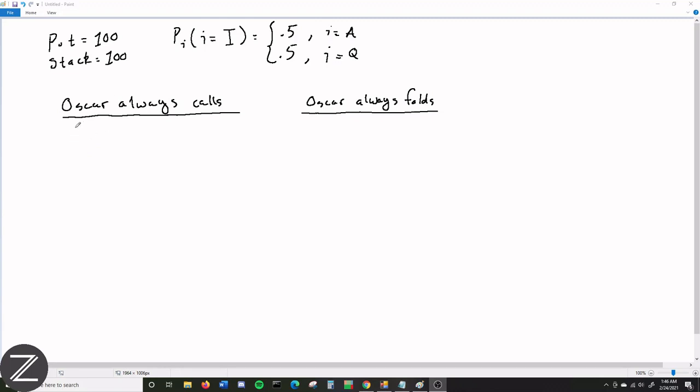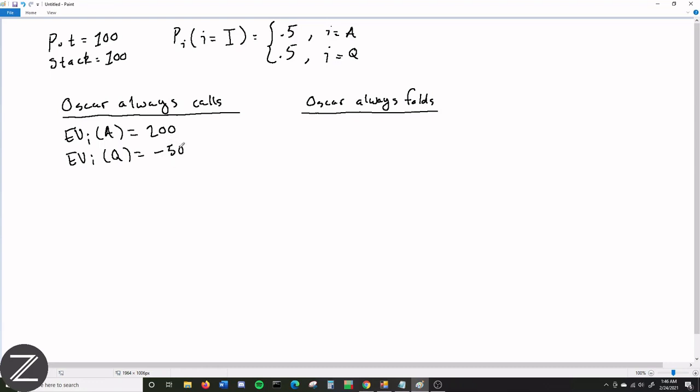So if Oscar always calls, the expectation for India's ace is going to be 200. And then the expectation for India's queen is going to be minus 50. And this is because in this scenario, India is bluffing and losing half the time.